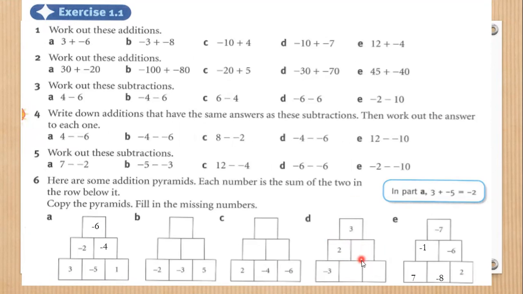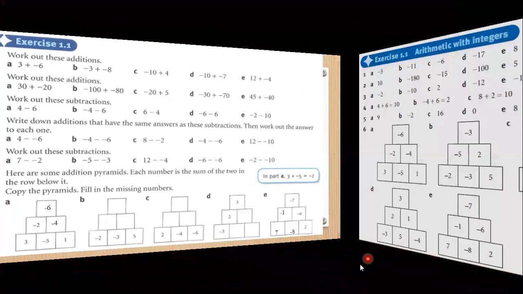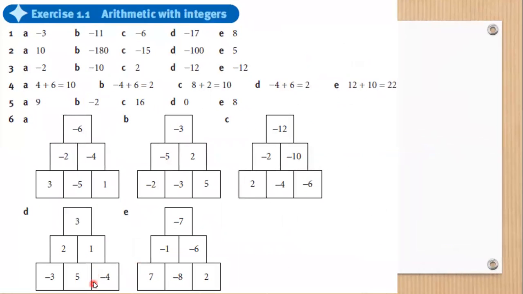If here is 1, which two numbers are you adding to make it 1, and which two numbers are you adding or subtracting to make 2? Here is minus 3, so here we put plus 5, then we get 2. And if here is 5, then here is minus 4, then you will make 1. Let's check. Yeah, look at here. Here is 5, here is minus 4, then here is 1.